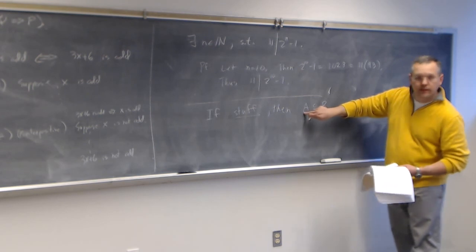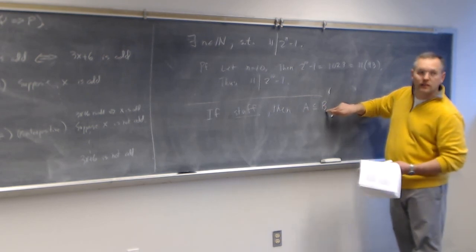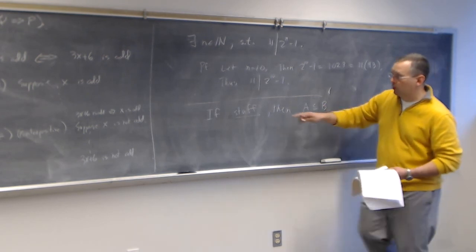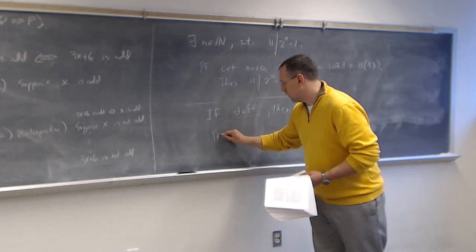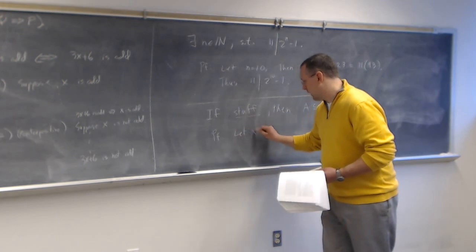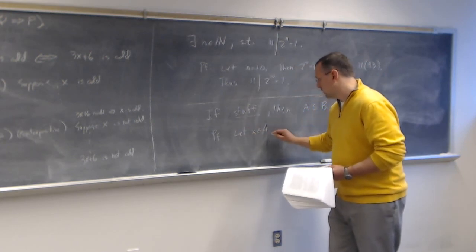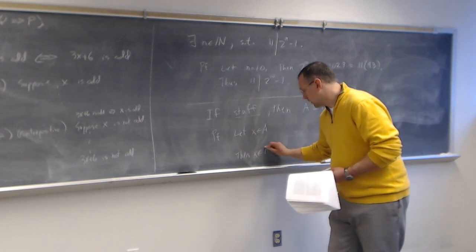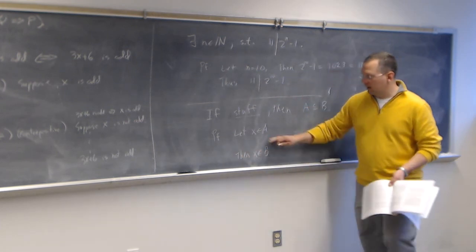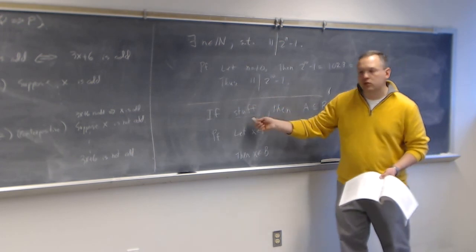You need to take an arbitrary element of this set and show that it's in this set. How do you do that? Well, that's where this stuff comes in. So your proof goes like this. Let x be an element of A. Then x is an element of B. And in between, the intermediate stuff, that's where you use all this.